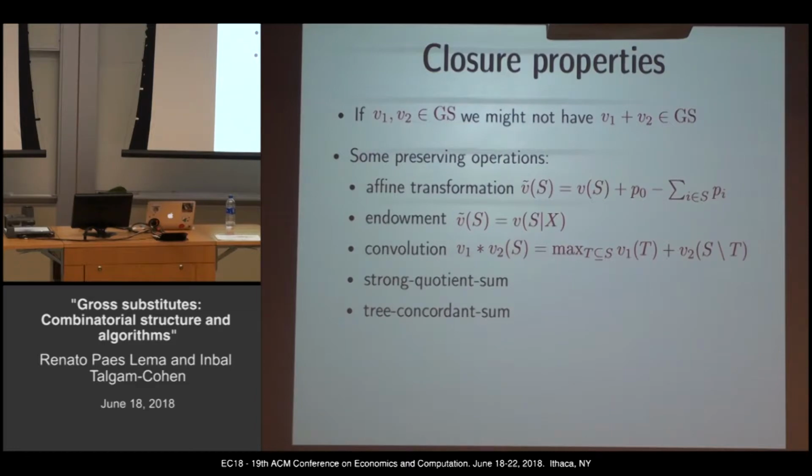Right. So why do you call it convolution? The way that I view convolution of two functions is the integral of f of x times g of y minus x, let's say. Instead of the integral, you replace it by a maximum operator, and you think that v1 plus v2 of x is equal to this operator over the sum of v1 of x and v2 of y minus x.